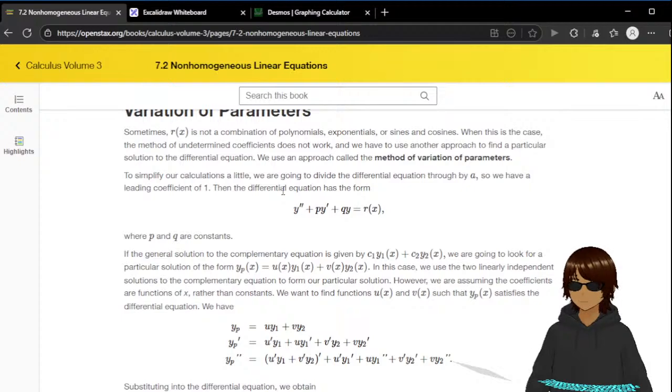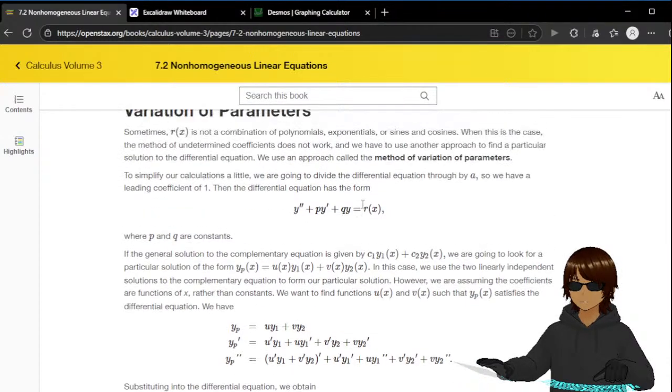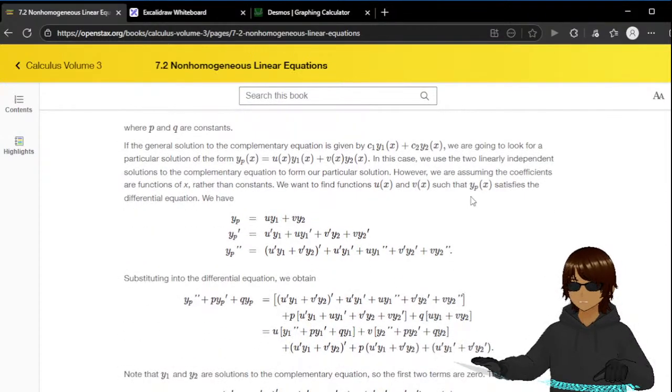If the general solution to the complementary equation is given by c1 y1 plus c2 y2, we're going to look for a particular solution of the form yp equals u(x) y1 plus v(x) y2. In this case, we use two linearly independent solutions to the complementary equation to form our particular solution.